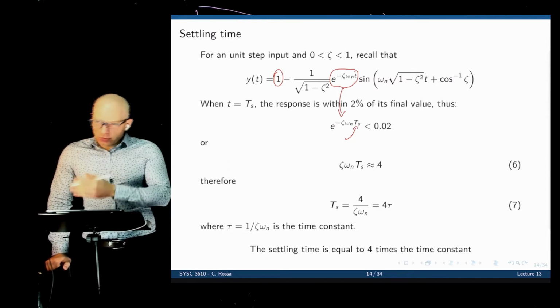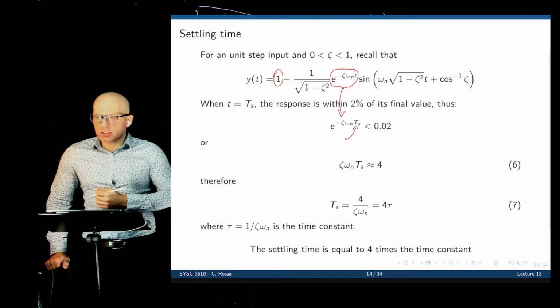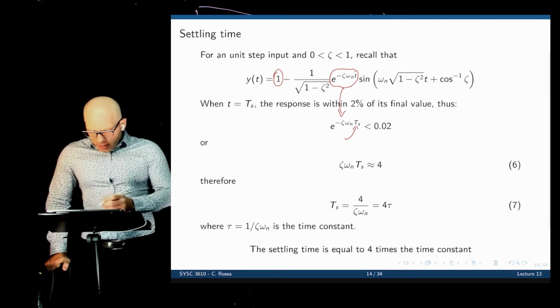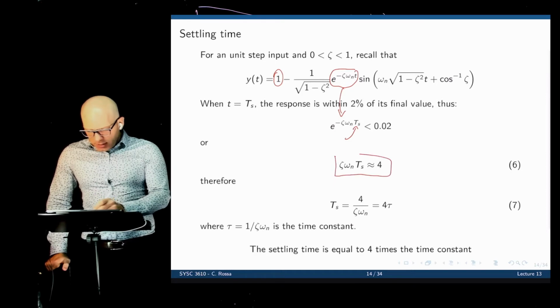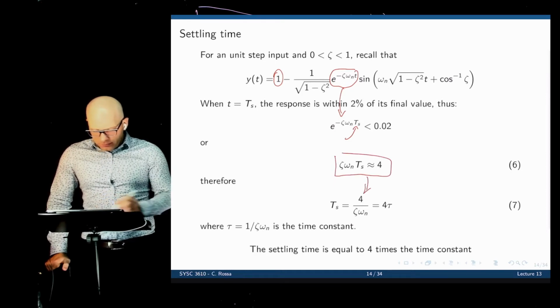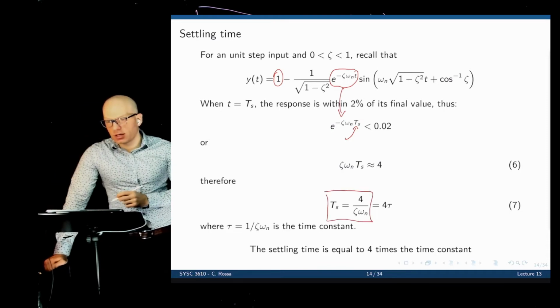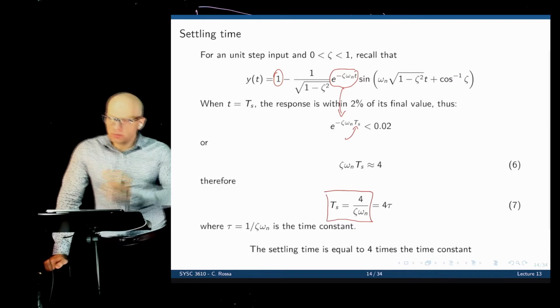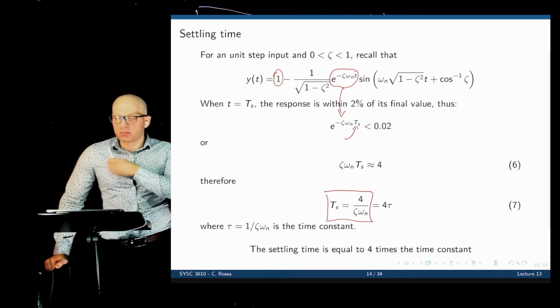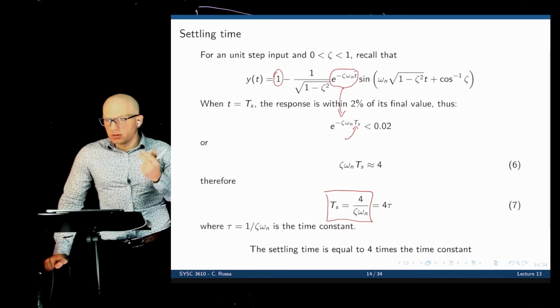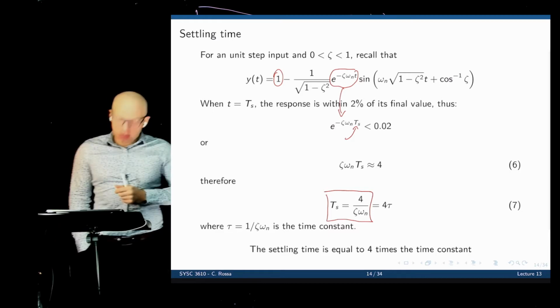We take the natural log of both sides of the equation, we can solve for the settling time, and we get an expression like that. We take it one step further, and we can see that the settling time is given by 4 divided by omega n times zeta. Again, characteristics of the functions of the control gain.